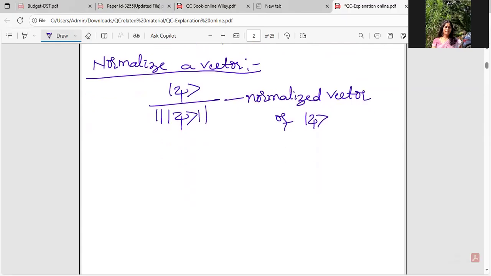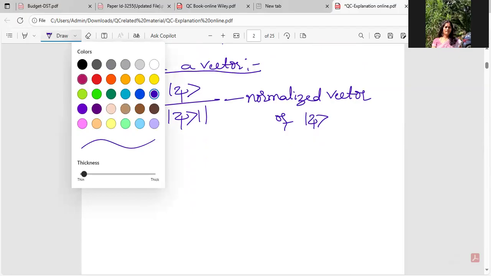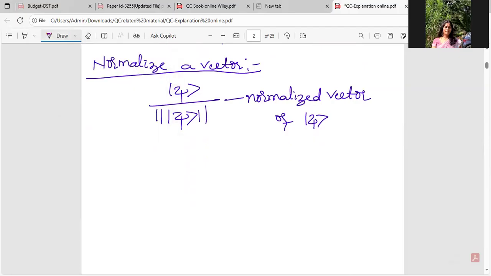Let's see one example so that you understand the concept of normalization. Of course, it's very simple, provided you have a proper definition of it.